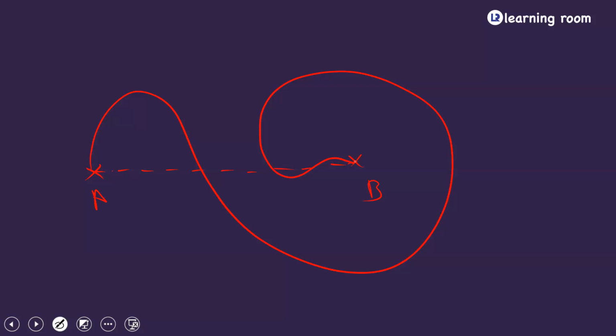Okay? Can your distance be equal to displacement? It can be. If I walk in a straight line, then my distance and displacement are the same thing.